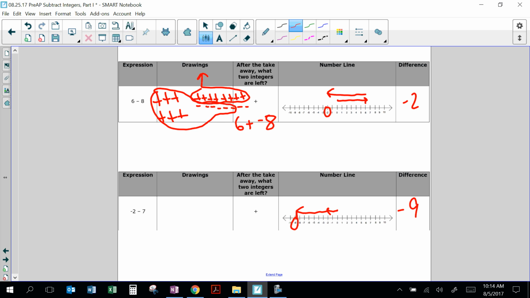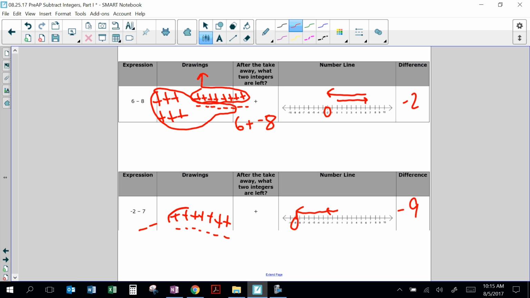How could I show that with a drawing, to prove that -2 minus 7 is equal to -9? I start with -2. Can I take away 7 without changing the value of this -2? What do I need to draw? 7 0 pairs. 1, 2, 3, 4, 5, 6, 7.